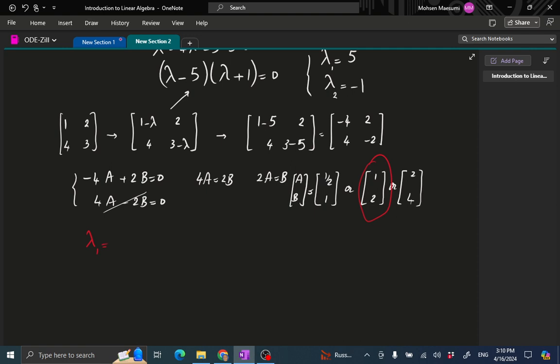One eigenvalue, I got 5, and corresponding to this, let's call it number 1, a and b became 1 and 2. What does this mean? It means x equals 1 times exponential of 5t, and y is equal to 2 times exponential of 5t.